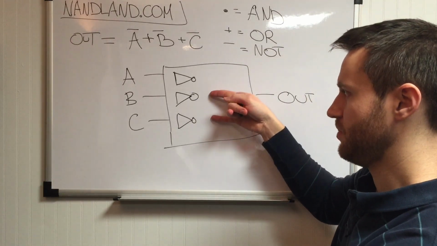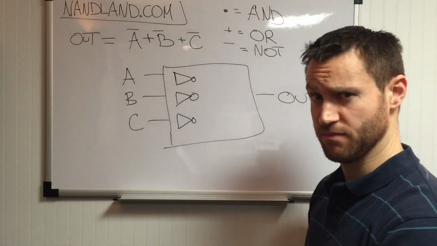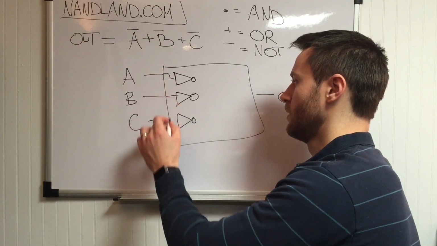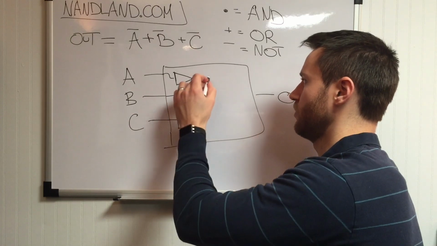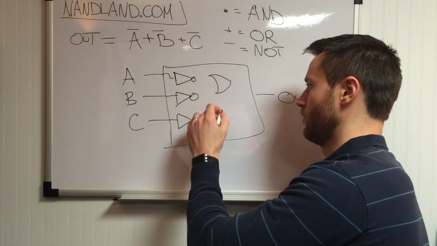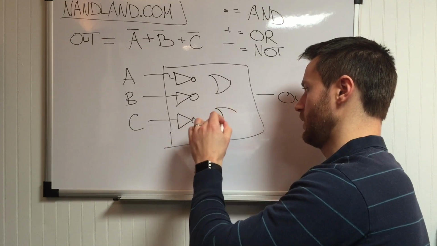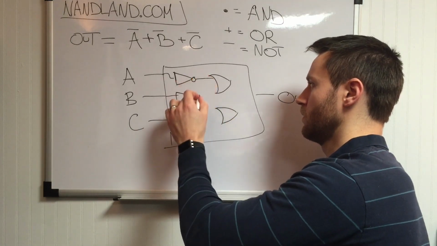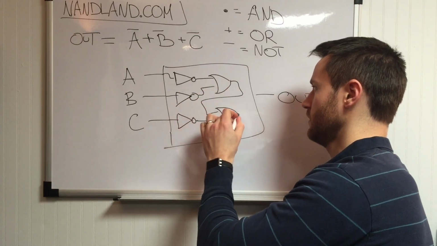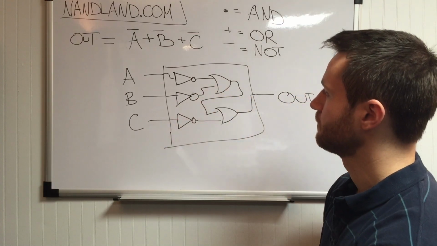If you took B and C and ORed it with A, you'd get the same result on the end, on your truth table result. So let's draw this. An OR gate here and an OR gate here. These get wired to this input, this gets wired here. Take that like that, and there you have it.